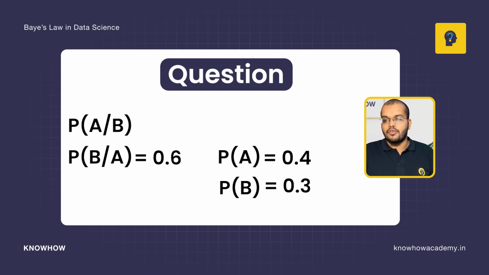Now find the probability of A given B using the Bayes theorem. I hope you have understood the Bayes theorem formula. Using the same formula, try to calculate this with the given values and get the solution. Comment that in the comment section.